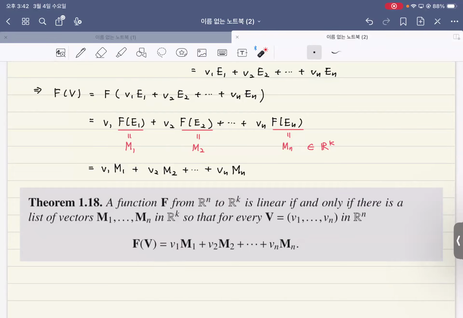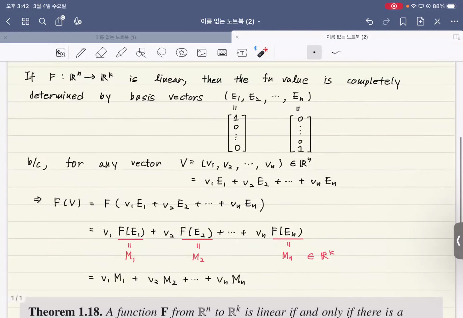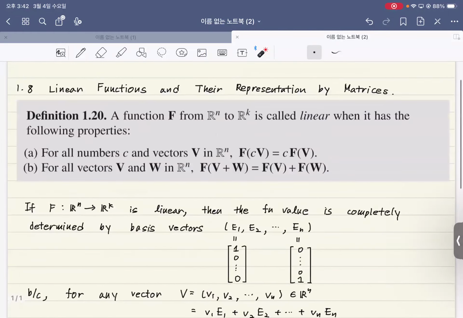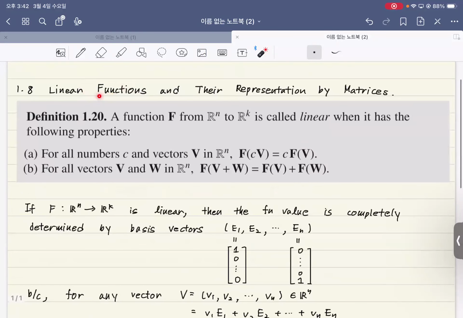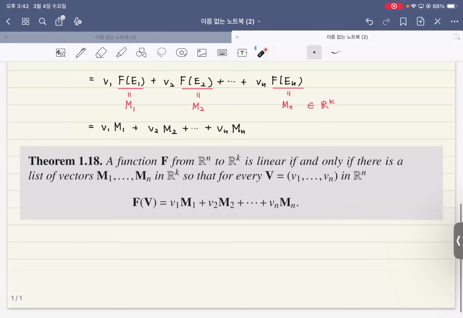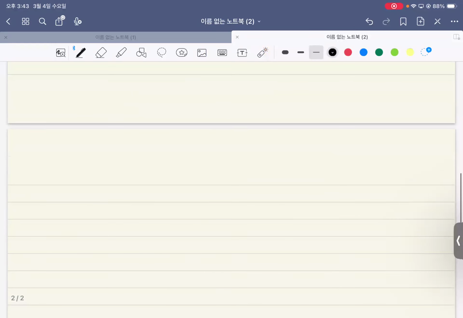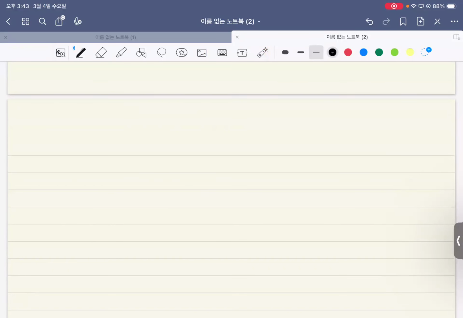Okay. And today we want to talk about matrices. Linear functions and matrices are very closely related. I want to talk about the matrix and why it is so closely related to linear functions. You're going to see it today.